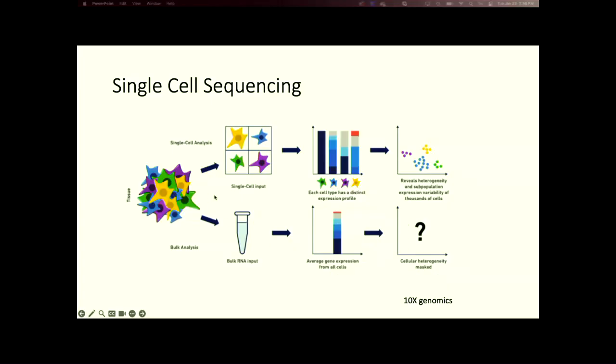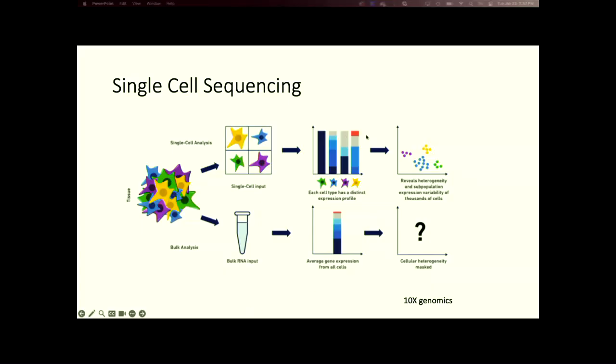What single-cell analysis does is we actually put each cell in a tiny detergent bead using a microfluidic device, and then we give each cell a unique DNA barcode, and then we give each molecule a unique DNA barcode, so that we can actually then pull all of the reads together and then computationally untangle where they came from.